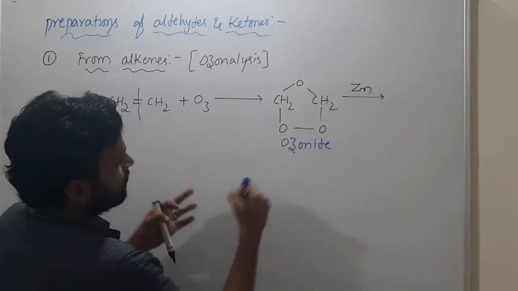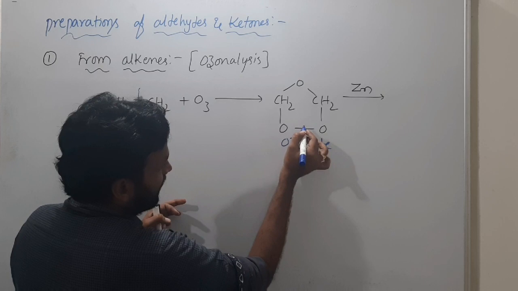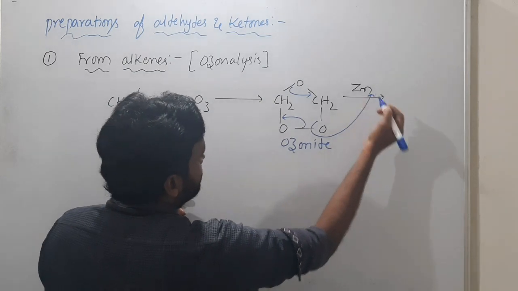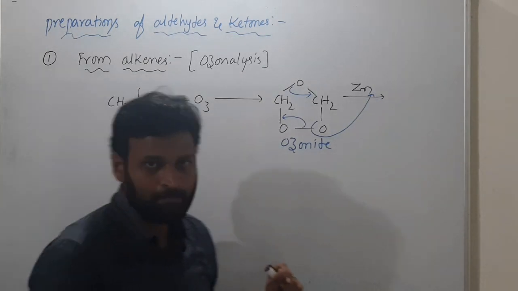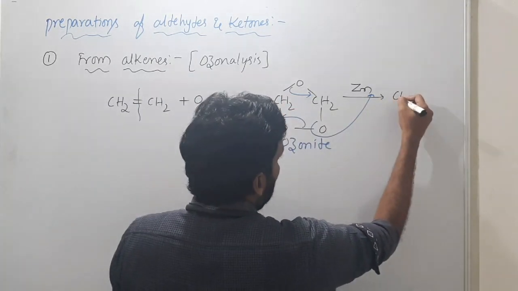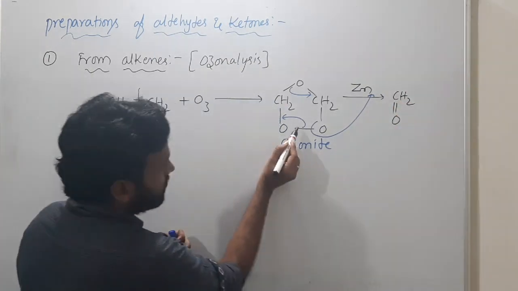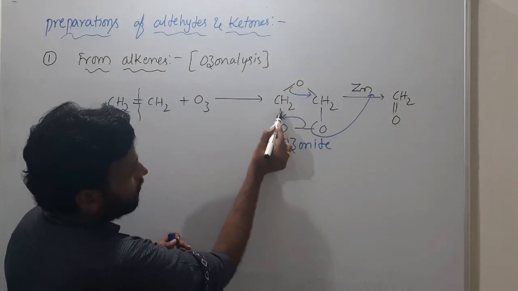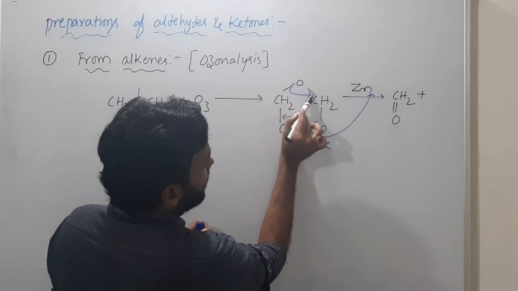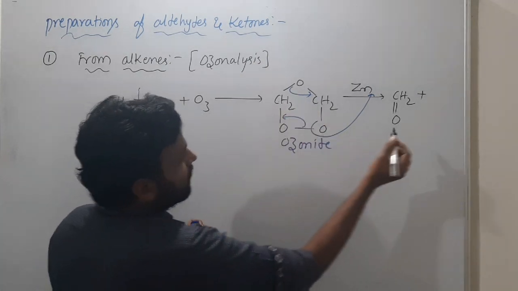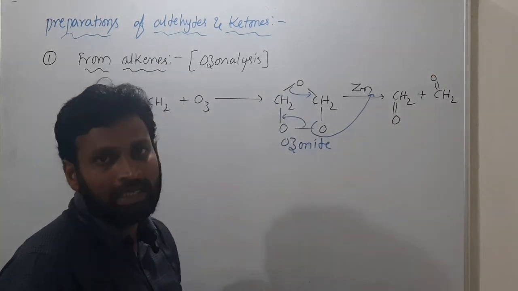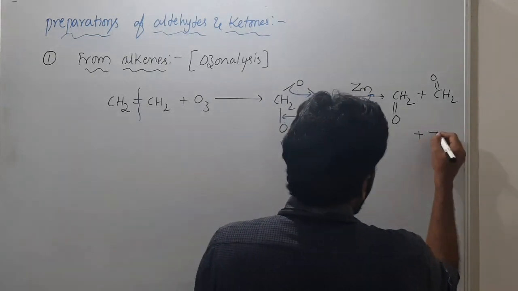Now in the presence of zinc, one of the bonds will break. This bond comes over here and this bond comes over here, and one of the oxygens is absorbed by zinc. So you get CH2 double bond O, formaldehyde, 2 moles, along with zinc oxide.